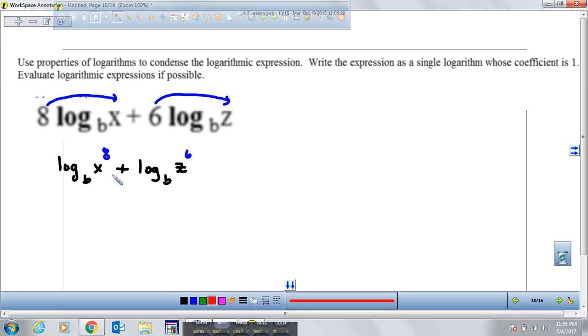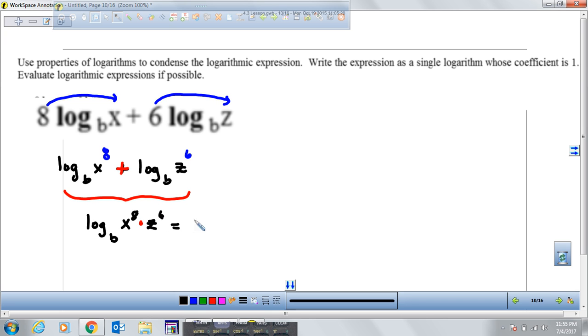Then we have one more property to use. When we have an addition of two logs, we put them back together into one log, as a multiplication. So log base b of m plus log base b of n equals log base b of m times n, which is my z to the 6th.